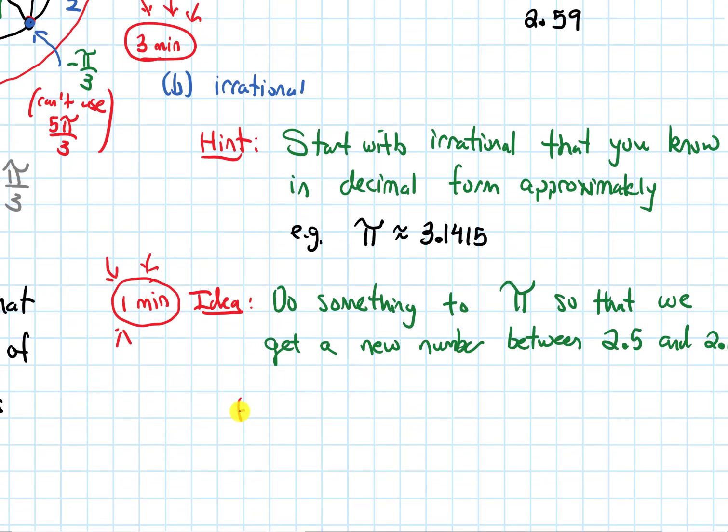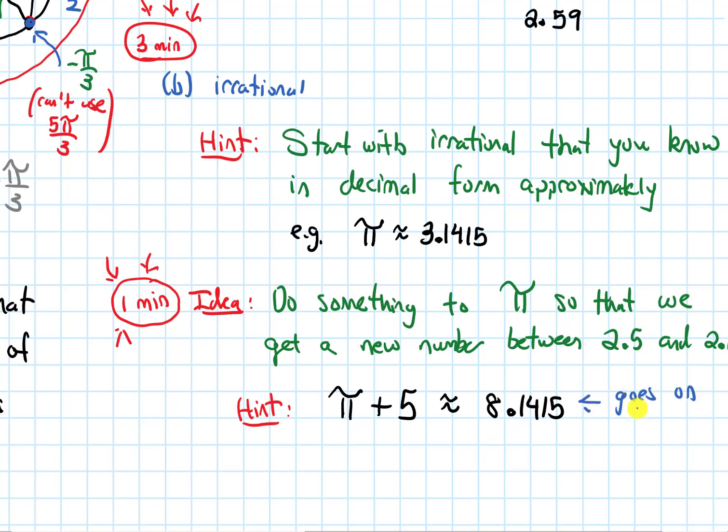So I'm going to give another hint. So the other hint is, well, what do I mean by do something to it? If I took pi and I added something to it, like 5, well, that's going to give me 5 plus 3.1415 something something. That is approximately 8.1415. Think about this, exactly. It will go on forever.